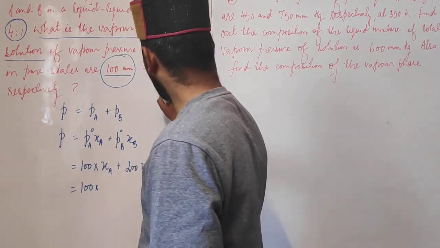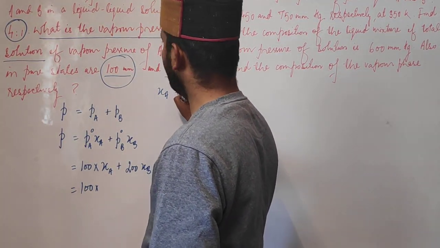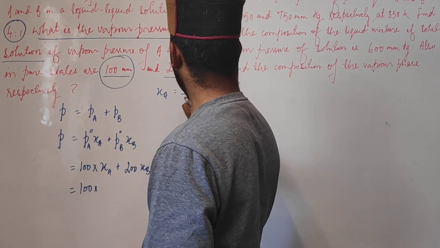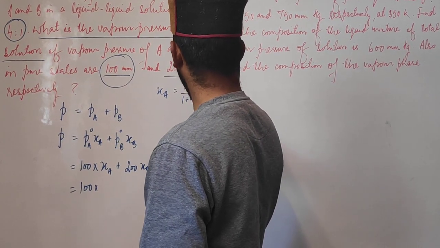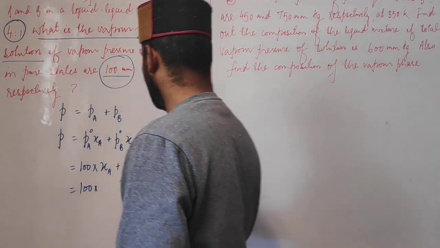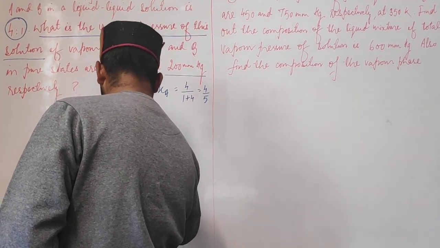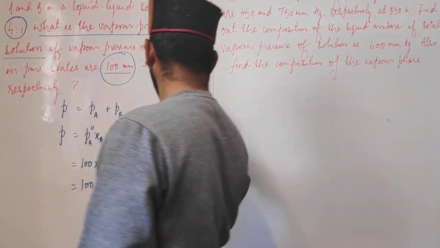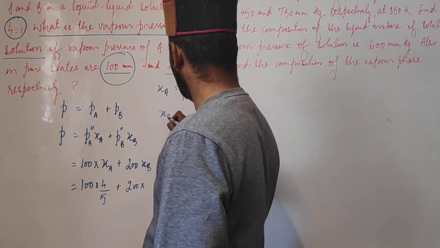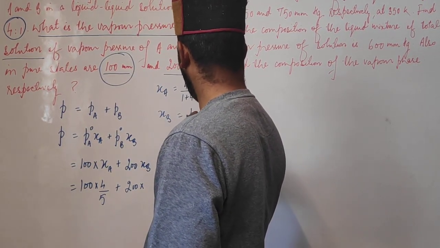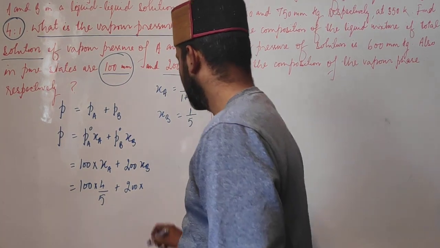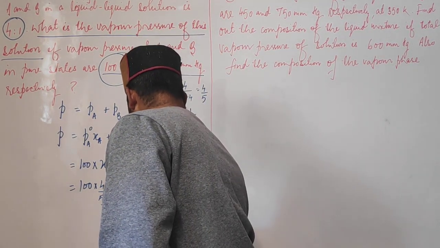So mole fraction of A will be the number of moles of A, that is 4, divided by total moles, so it is 4 upon 5. Mole fraction of B is 1 upon 5.